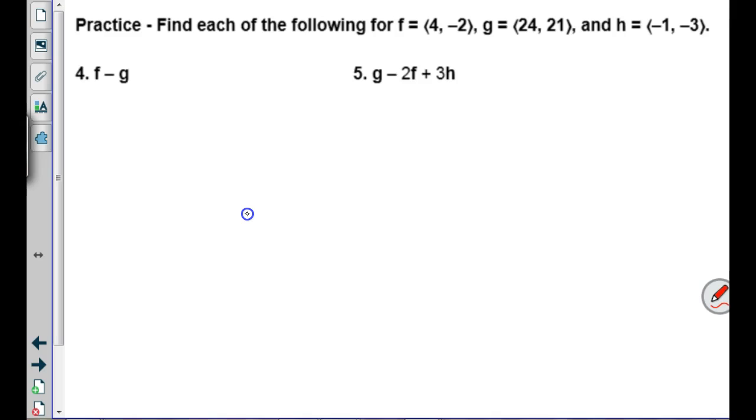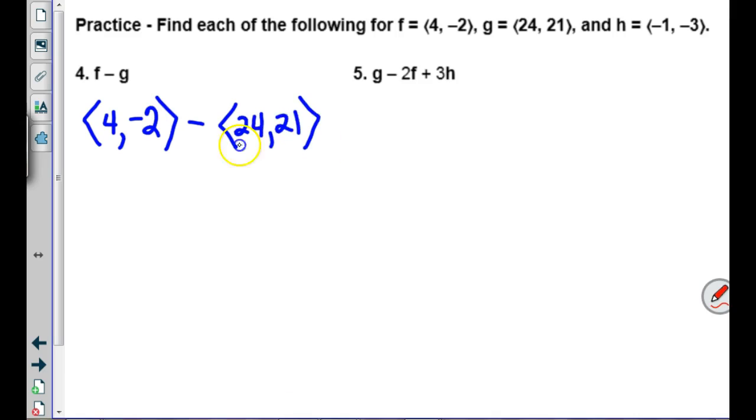So let's try a couple quick examples. The first one is a subtraction. I'm going to write the vector down so we have a little more to go by. It says f is 4, -2, and then we're supposed to subtract g, which is 24, 21. Now, if you're not comfortable with that, you could rewrite it as add the opposite, if that made you feel better.